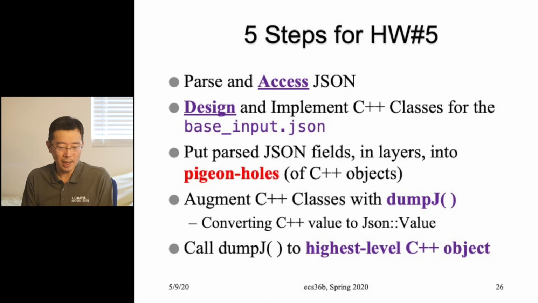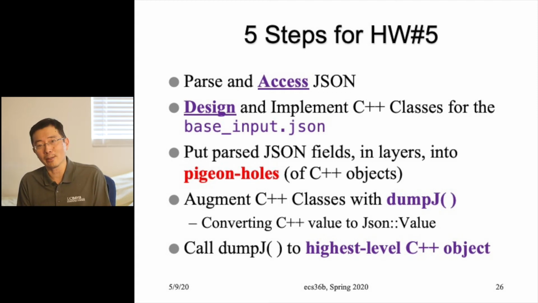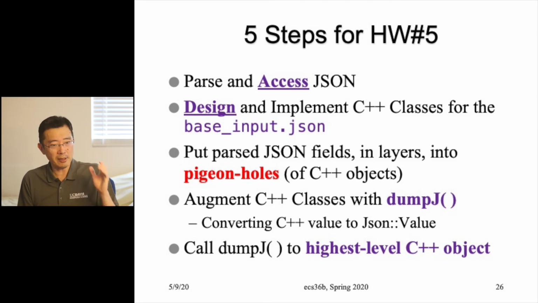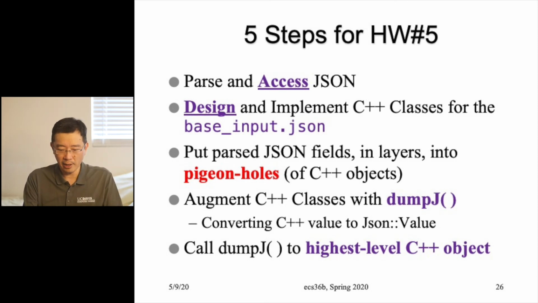This is the code. I call this dumpj. When I start writing a C++ program, for every single object I always have a member function called dump. Why is that? The dump is basically so I can look at the content of this object, and so I can do debugging. I can know whether I'm actually putting in the right thing and getting out the right thing. So there's always a function called dump for C++ development.